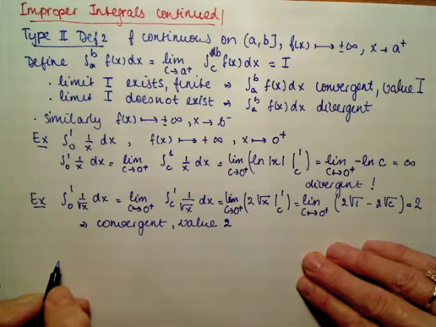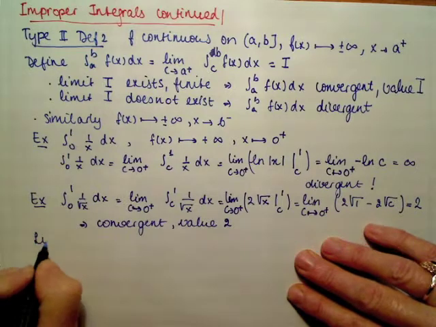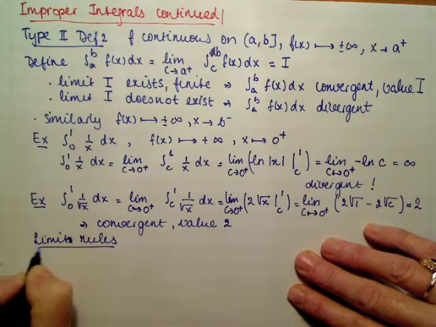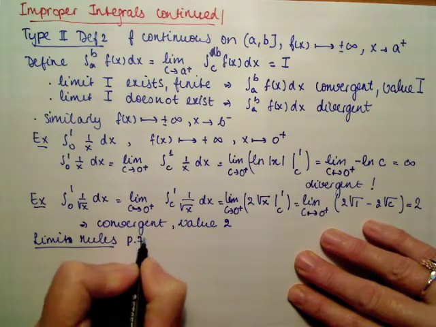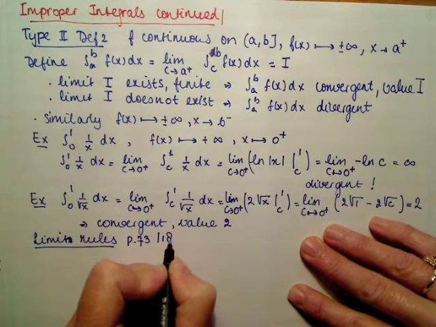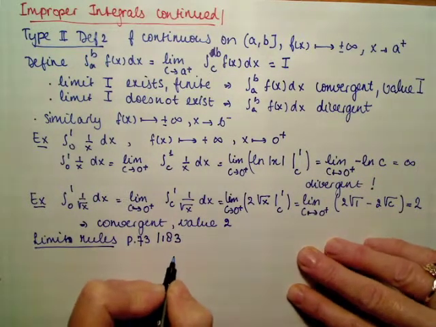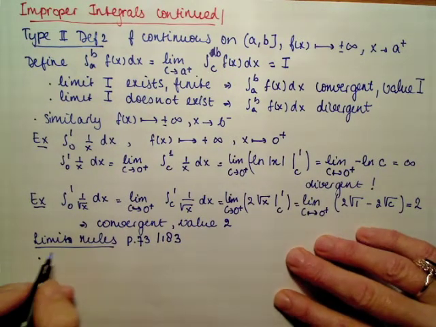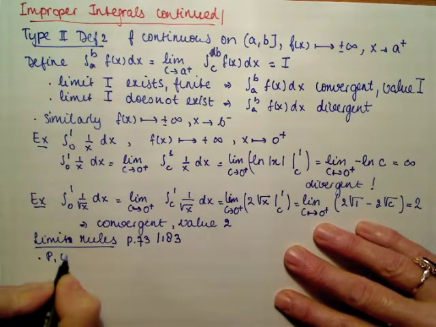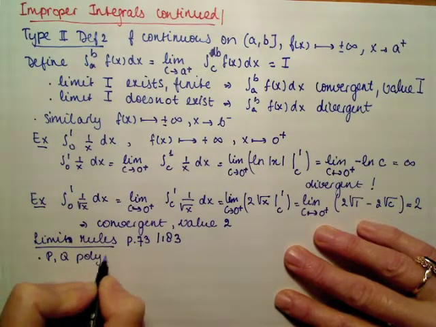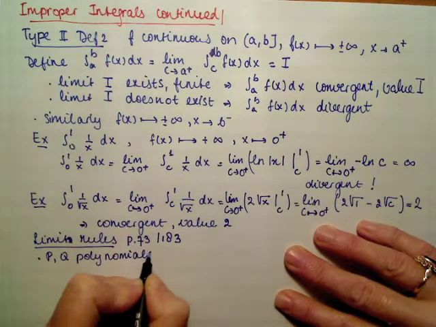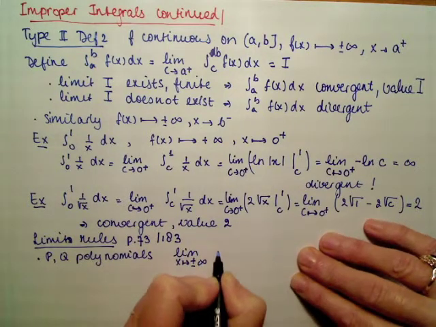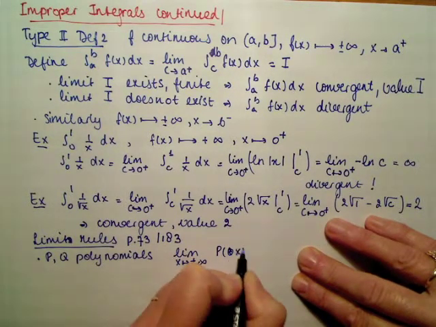Now what you see here is that we have to take limits, and it is good to mention some important limit rules. You can find these on pages 73 and 183 of the book. The main limit rules which I think are useful are the cases where we have two polynomials, p and q, and we wish to compute the limit for x approaching plus or minus infinity of the quotient of these two polynomials.